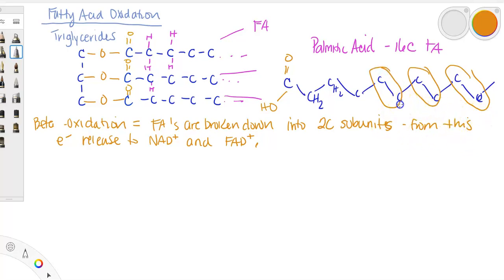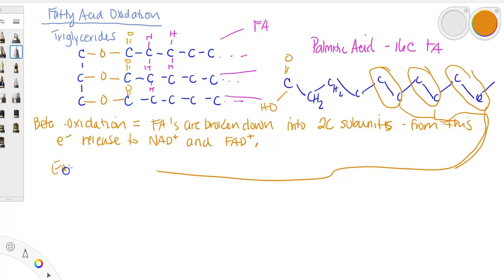So each of those 2 carbon units becomes an acetyl-CoA.